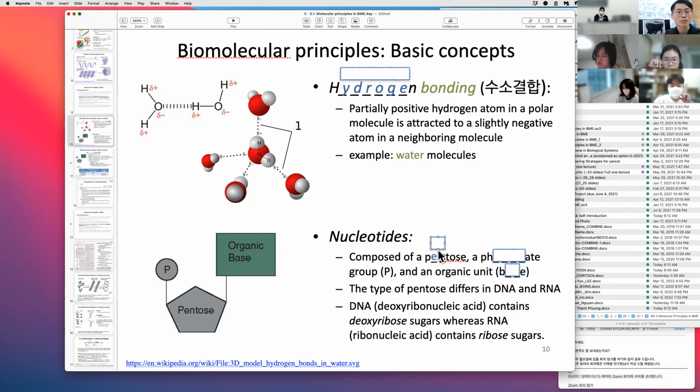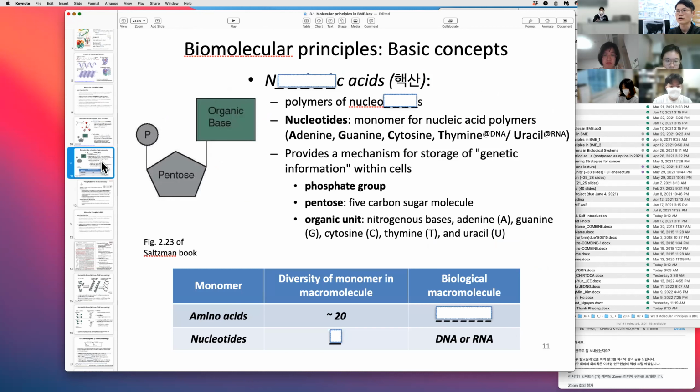You all know the Pentagon in the US; penta means 5. So you can see 1, 2, 3, 4, 5 carbon. And this P is called a phosphate group, and an organic unit, which is an organic base. I think you all know this clearly, so I just want to move on.